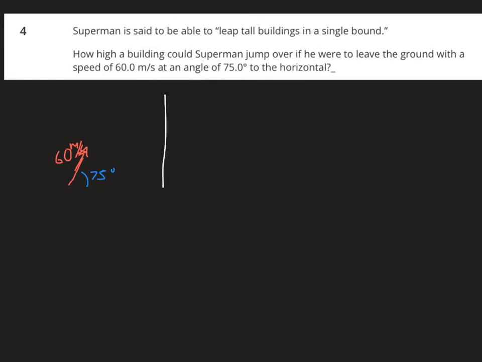Now, we're looking at finding out what is the height of that building that he can jump over with those parameters. Again, because we're on Earth, and so is Superman, otherwise he probably wouldn't be able to do that. I believe they didn't have that ability on Krypton. And therefore, acceleration would be a negative 10 meters per second squared. That's pretty constant.